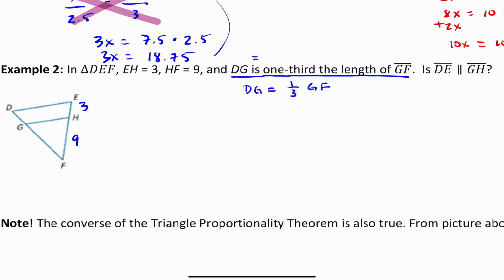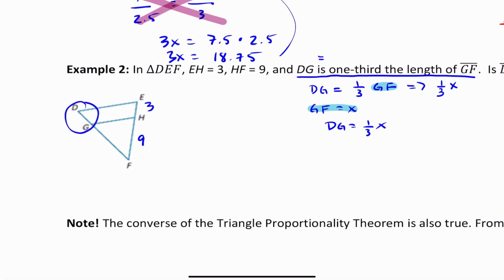We call that our x. So let GF be x. Now, if GF is x, that means I can rewrite DG as 1/3 of x. So GF is x, and I'm just replacing that with the variable x. So DG is 1/3 of x.